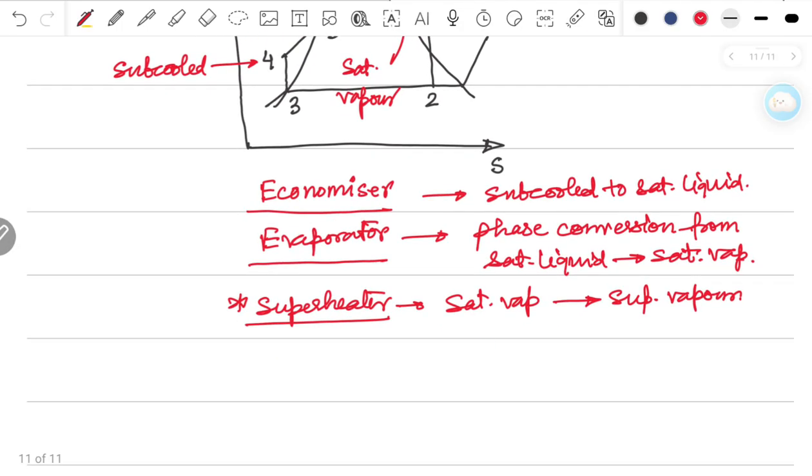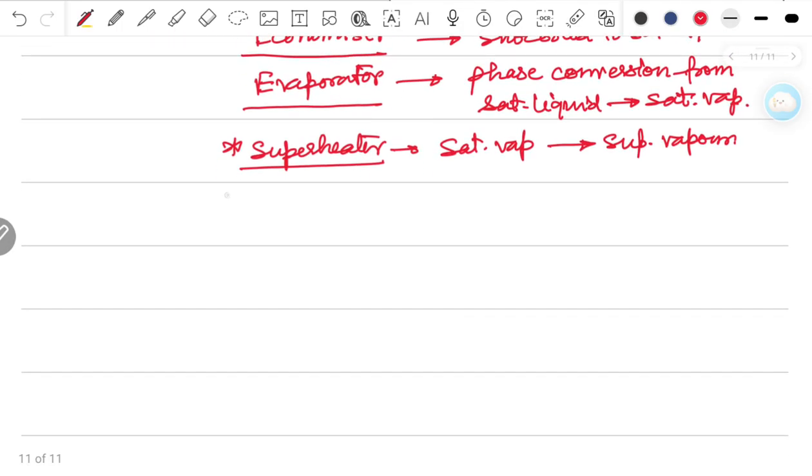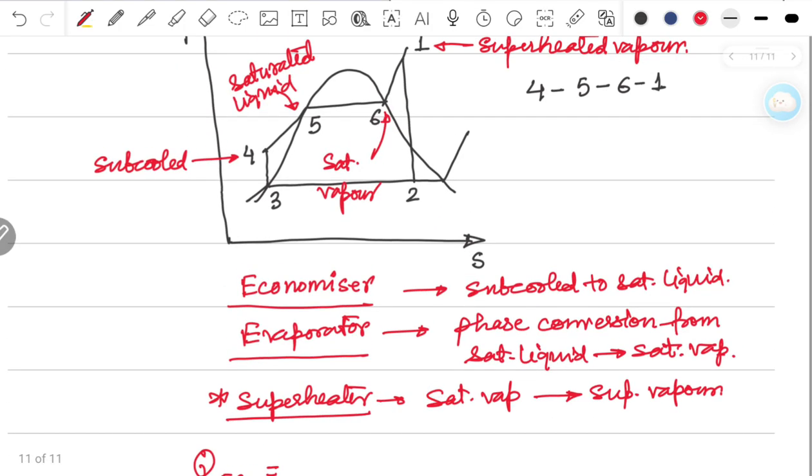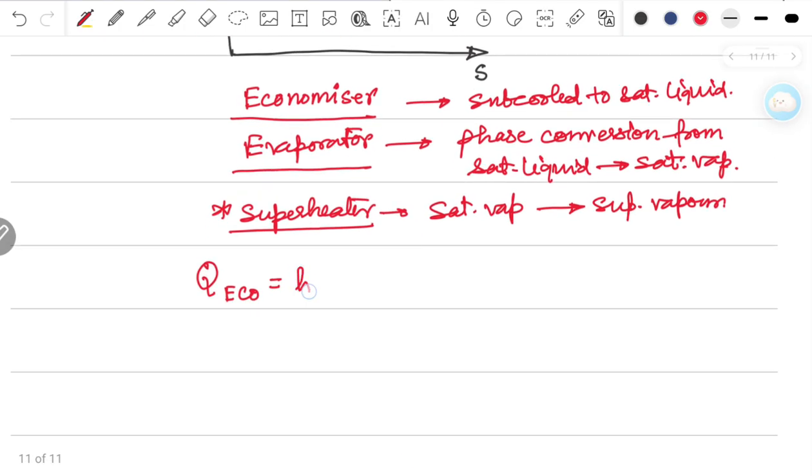Now if you try to find the heat transfer in the economizer, that will be nothing but the enthalpy rise from 4 to 5, that is H5 minus H4.